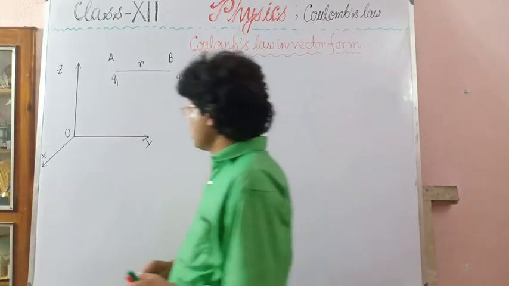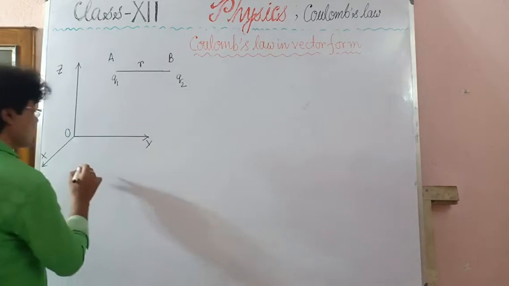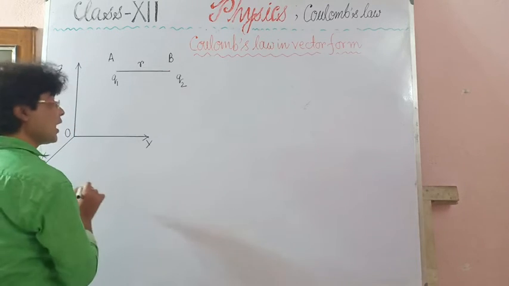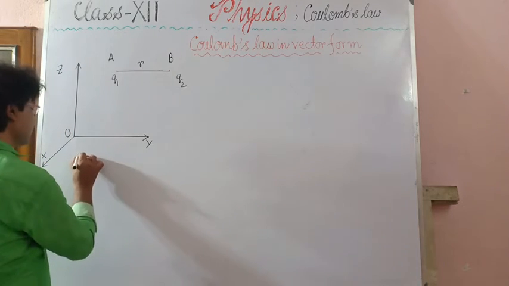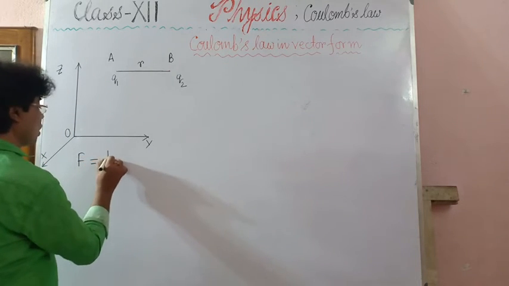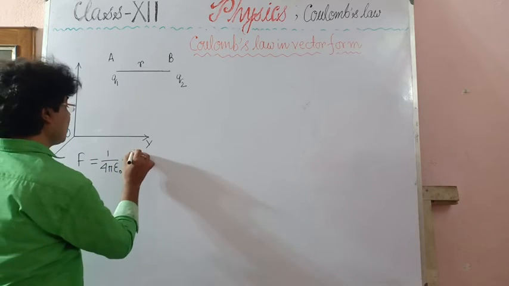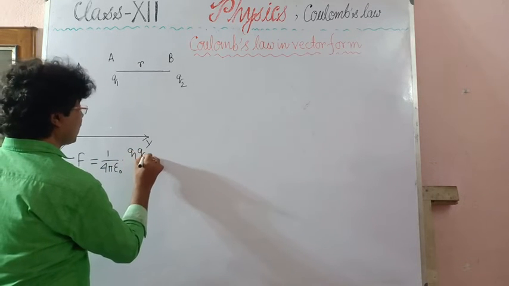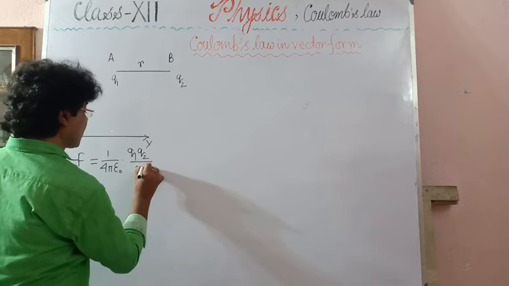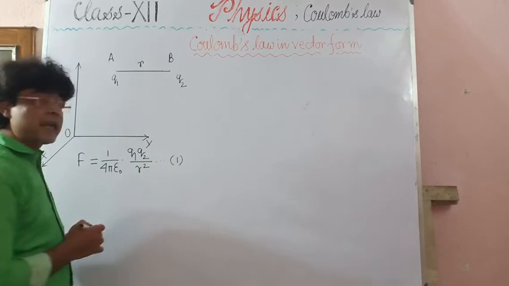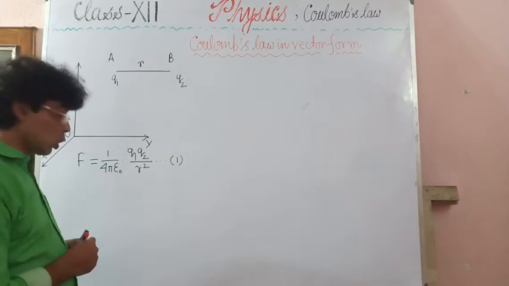Now, the electrostatic force between the two point charges in SI units is written as F equals 1 by 4 pi epsilon 0 Q1 Q2 by R square. This is the scalar form of Coulomb's law.